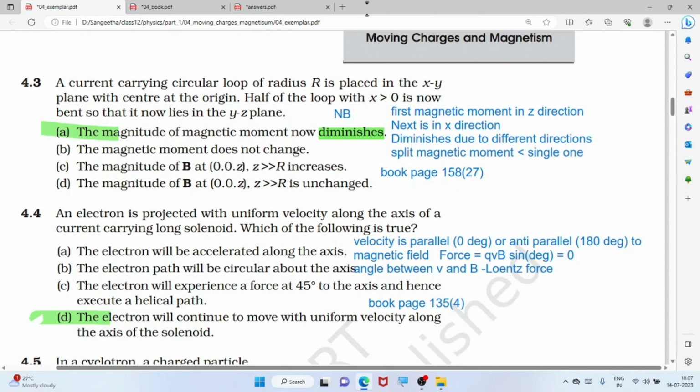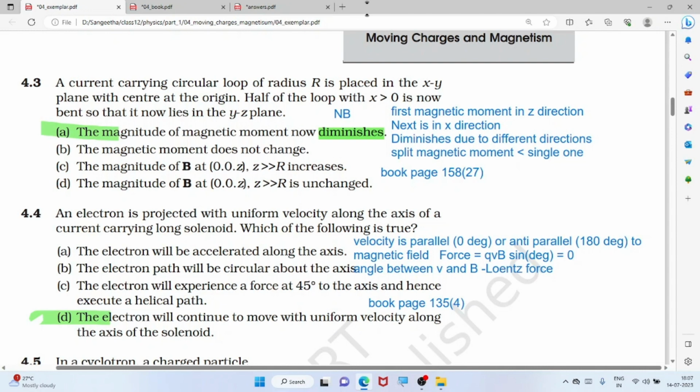The first magnetic moment is in the z direction because it is in the xy plane, perpendicular to that. So now if you split into two, one will be in the z direction, the other will be in the x direction.